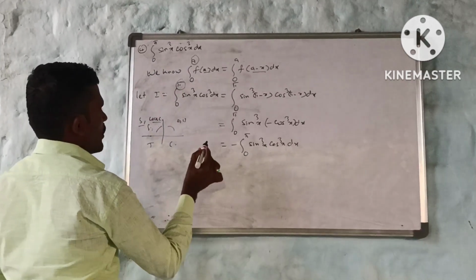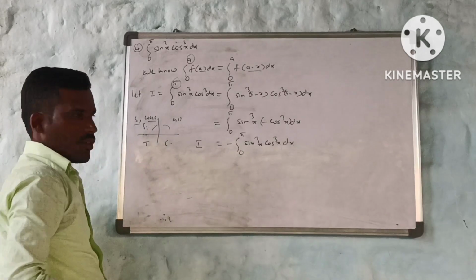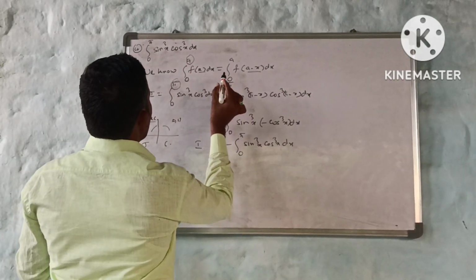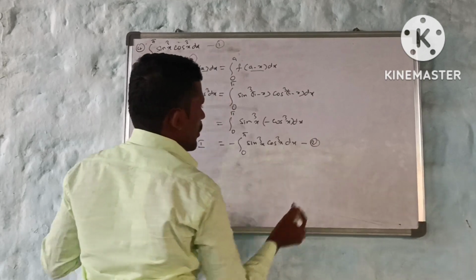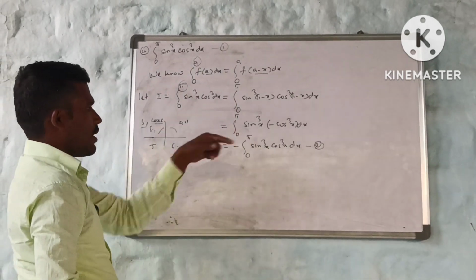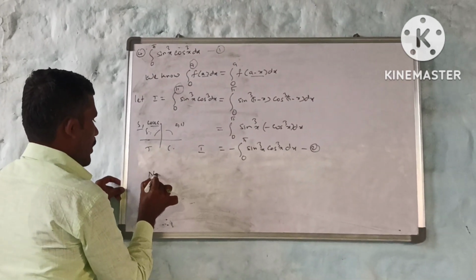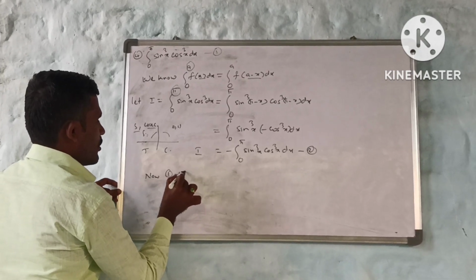So therefore this is I. The given one I am taking as equation 1, and what you got here I am taking as equation 2. Now, to get the result, I am doing 1 plus 2.